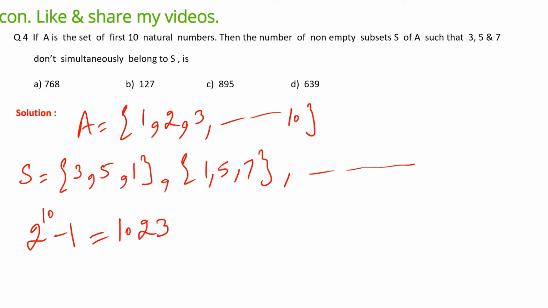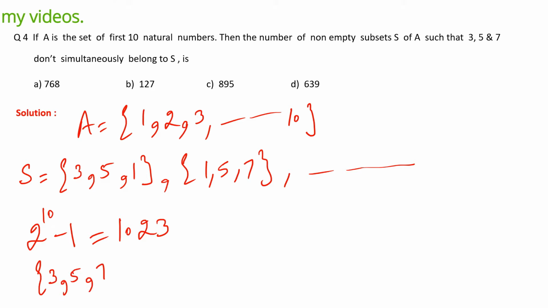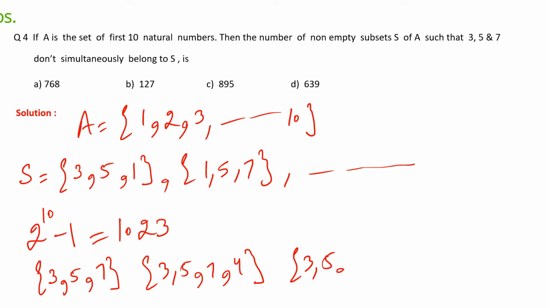Now, what should be the approach of the solution? I will be finding the total number of subsets of A such that they will always have 3, 5 and 7 as members, like 3, 5, 7 only, or 3, 5, 7 and 4, or 3, 5, 7 and 1.